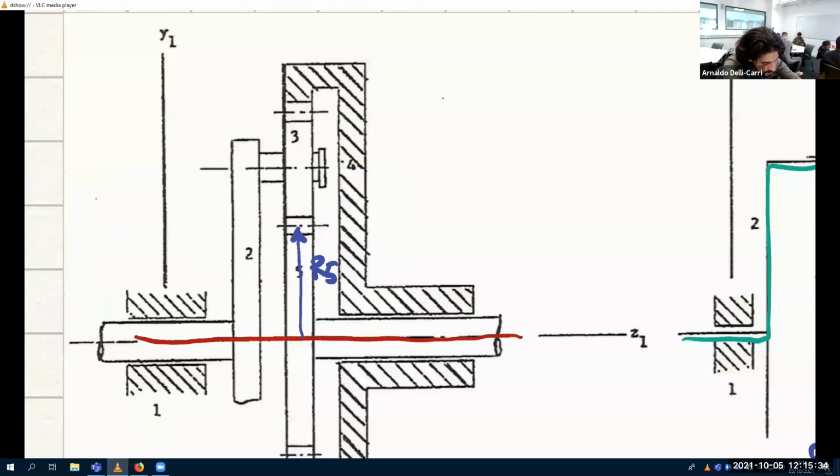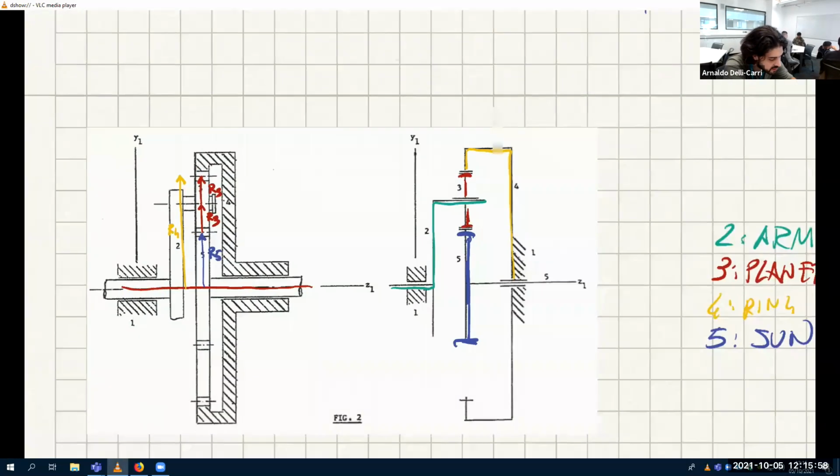If I go up by the radius of 3, it gets me to the middle of the arm. If I go up by the radius of 3 one more time, it gets me to the radius of 4. Do you agree with me? This is what's happening. So R4 is R5 plus 2R3. Agreed? Agreed. That's the only equation we can write.